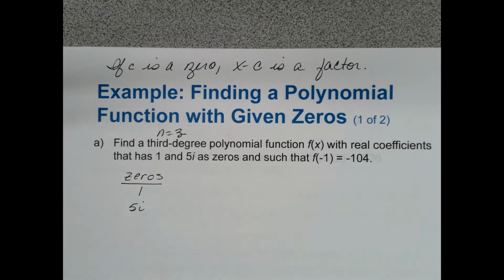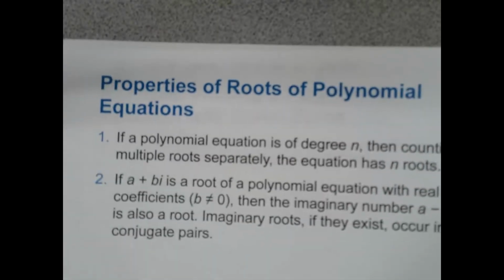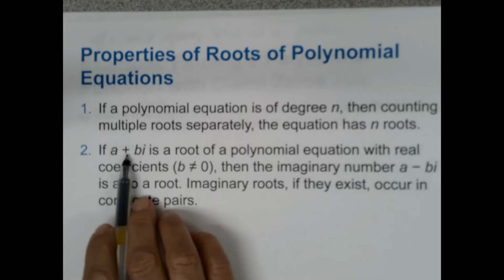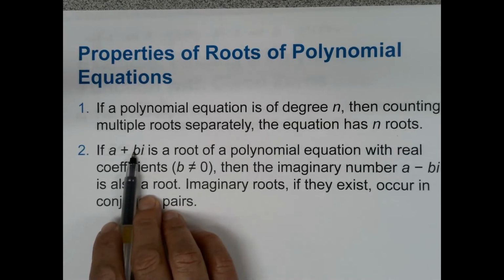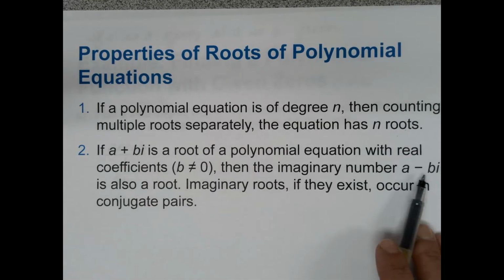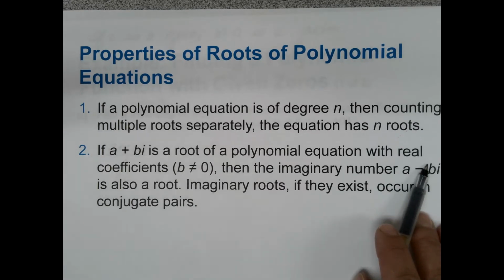Anybody know? Division? Not division. If a plus bi is a root, a minus bi is a root. So if you have an imaginary 0, you just change the sign on the imaginary part, and that gives you your other 0.